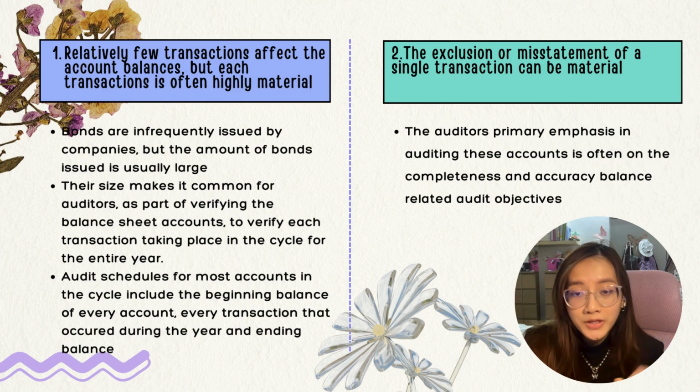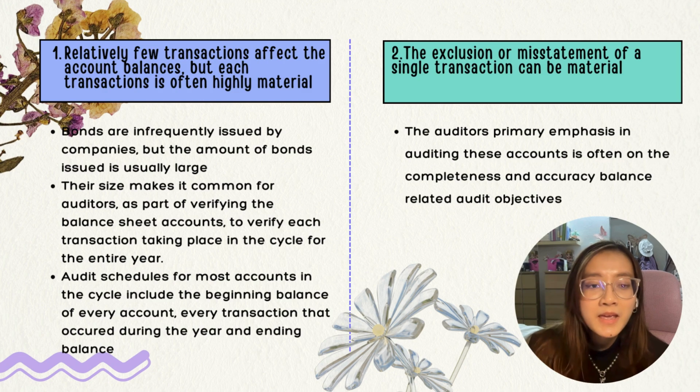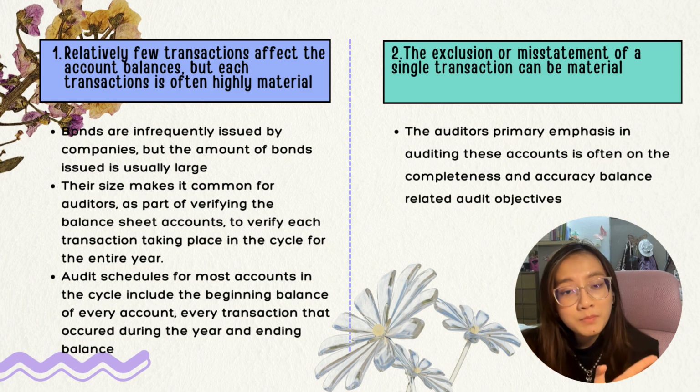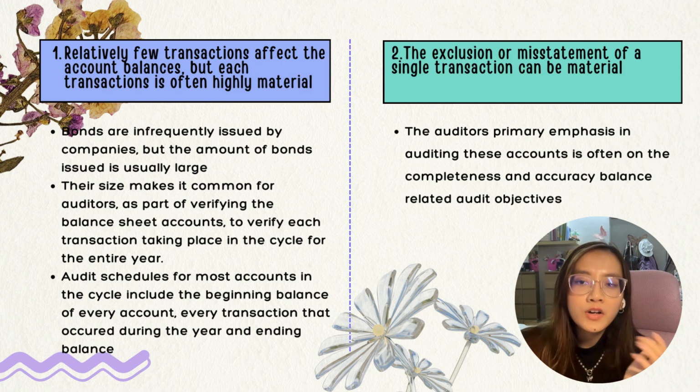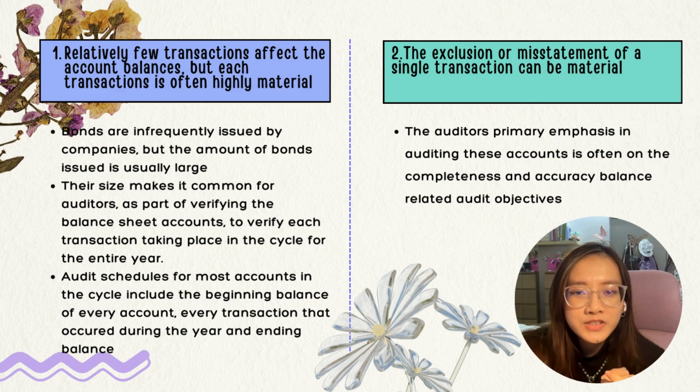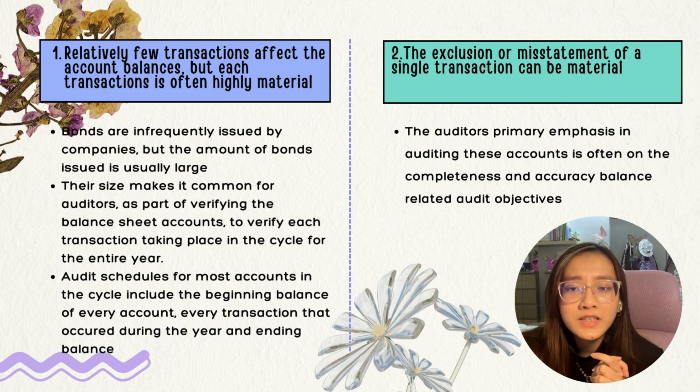For my second point, the exclusion or misstatement of a single transaction can be material. This statement provides additional context on the significance of individual transactions and the focus areas for auditors when auditing accounts involving large but infrequent transactions like bonds.